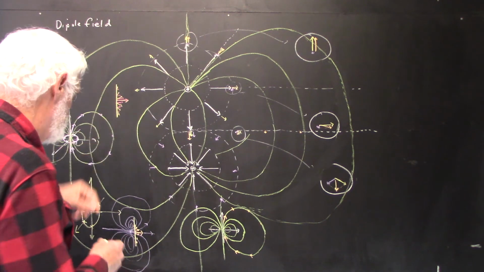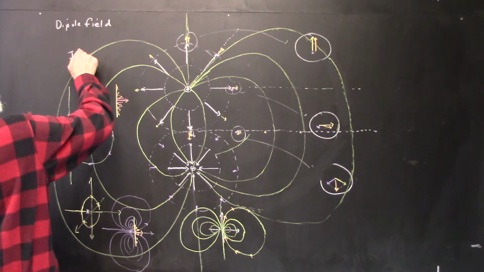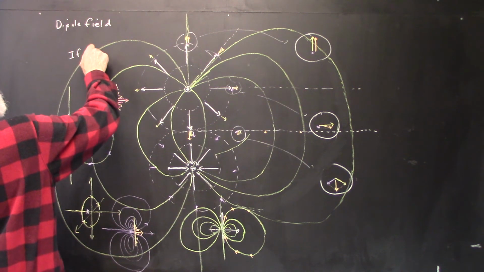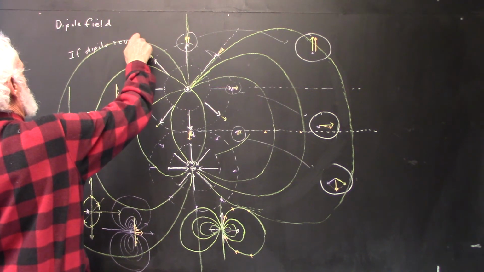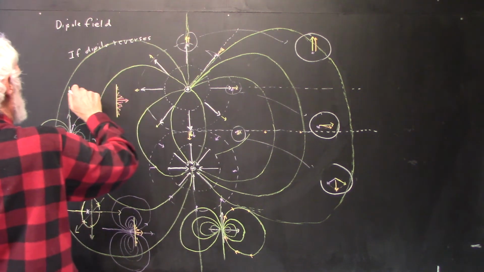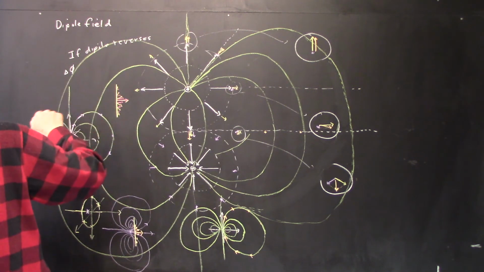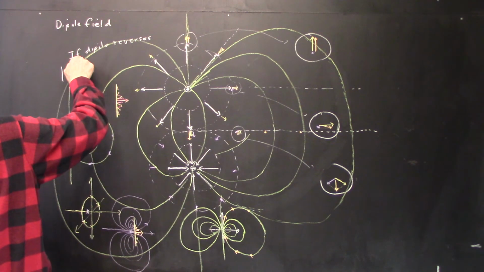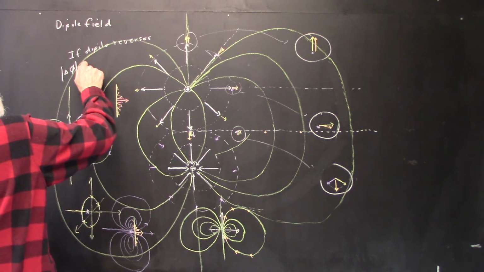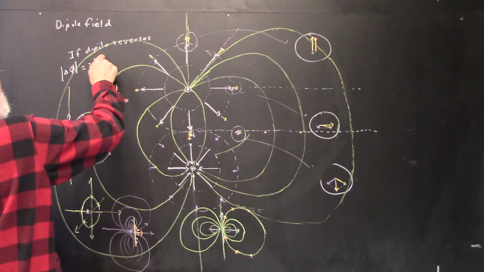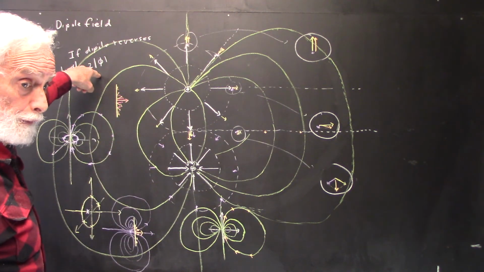So the dipole reverses, the magnitude of change of the flux will be double the magnitude of the flux.